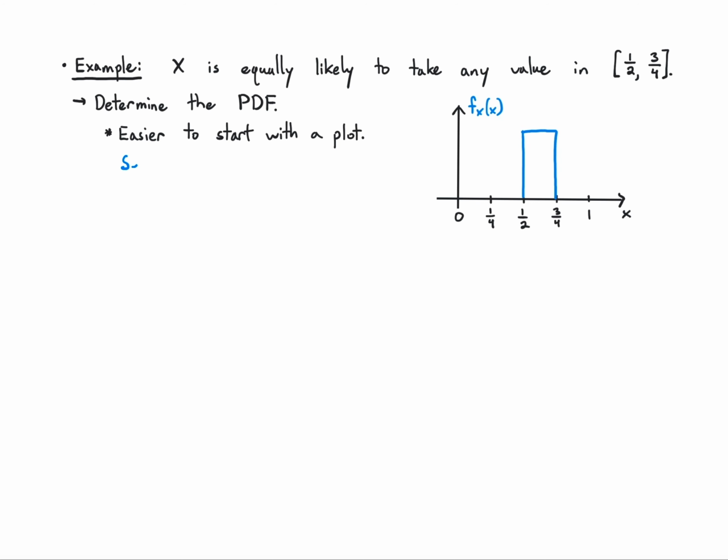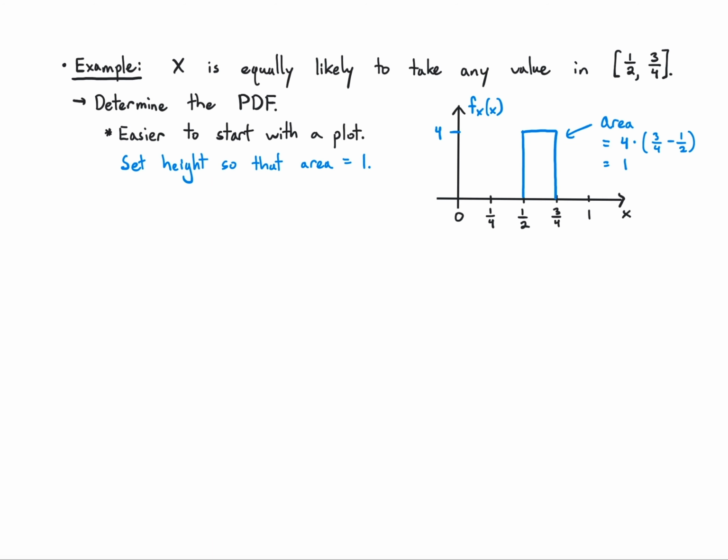And then the only thing left for me to do is determine its height. Okay, so how high should it be? Well, remember the thing that I need from the PDF is that it normalizes to 1 when I integrate. So in this case, I need to set the height so the area is 1, meaning the integral is going to be 1. The area is just the height times the width. So it's going to be 4, in this case, times 3/4 minus a half, which is equal to 1.